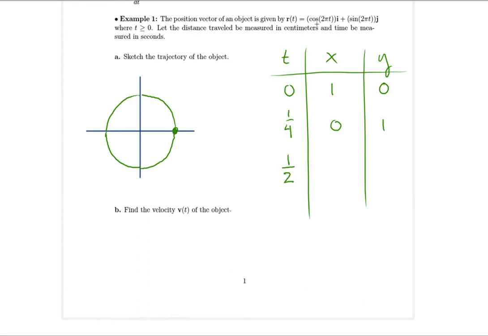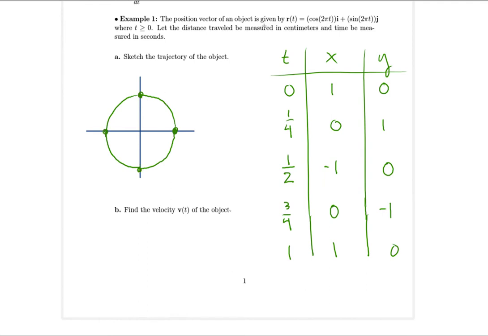And so if we continue to plug these things in, the cosine of 2 pi times a half would be the cosine of pi, which is -1. And you get the idea here. I won't go through all the details, but after a little bit, we convince ourselves that yes, this should in fact form just a nice circle.